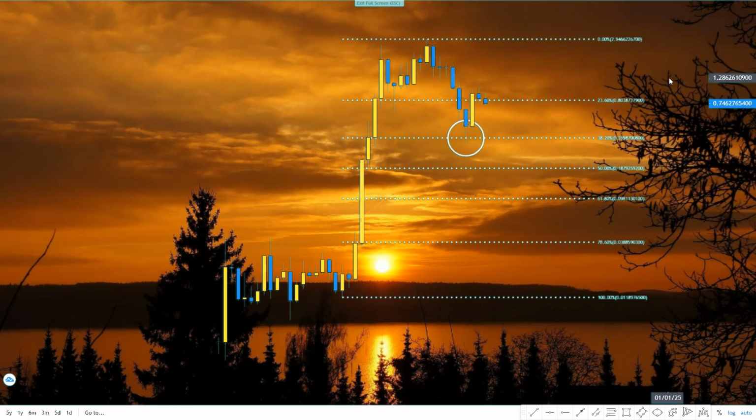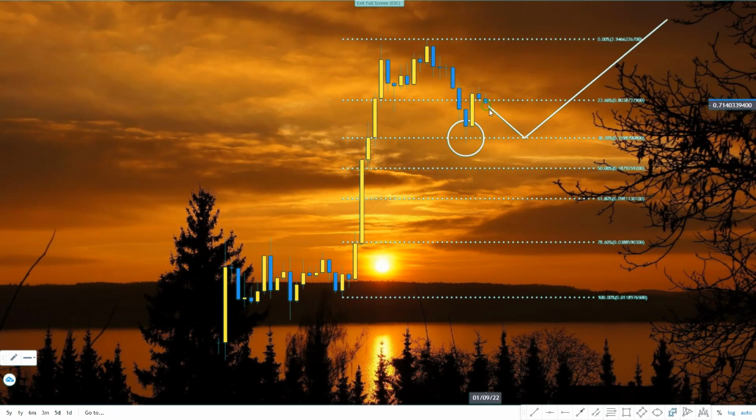What is important is that if we can hold the 35 level on a possible throwback to the downside, it would be very bullish, because that would mean that Polygon on the big picture, as we are looking here, is still in a strong uptrend. We retraced only to the 38.2, which is a great retracement for a continuation in a new bull market.